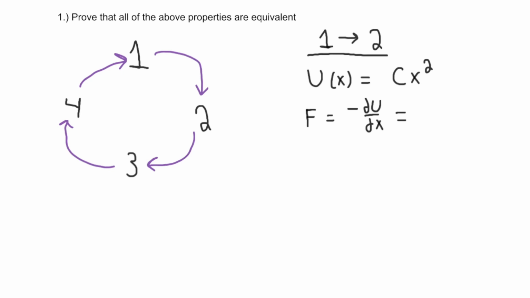And unsurprisingly, when we just use the power rule on this, we get a negative and then a 2c times x, which is equal to negative a constant times x. And that's exactly what we wanted to show. So that's done.